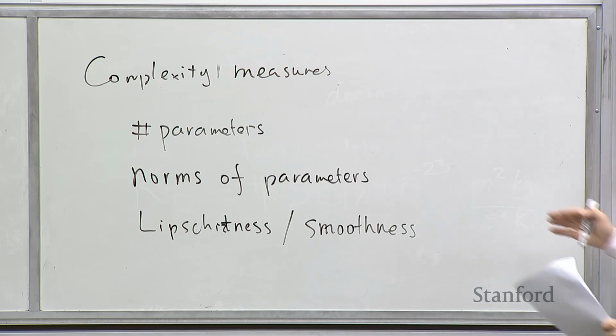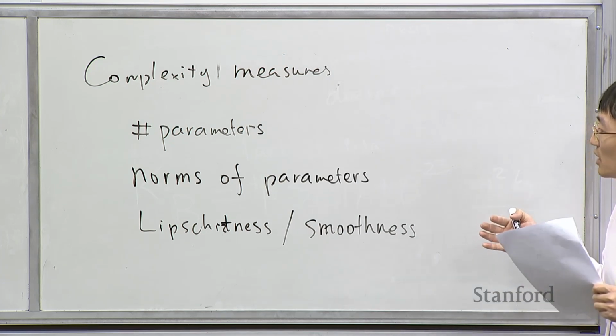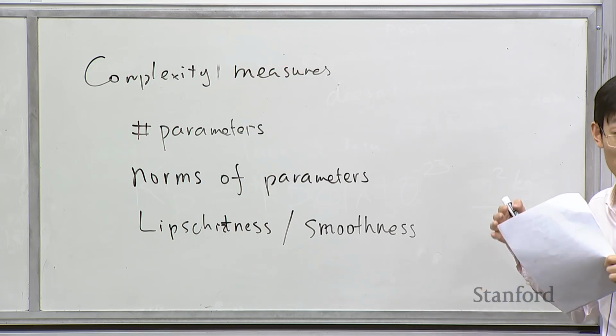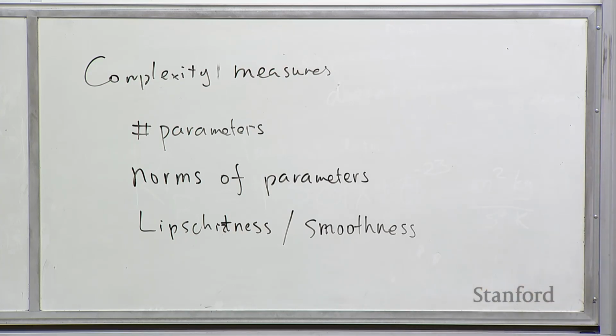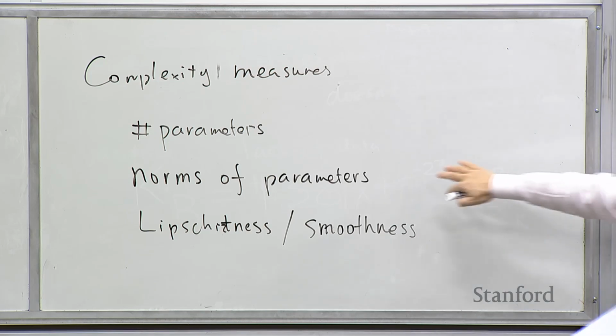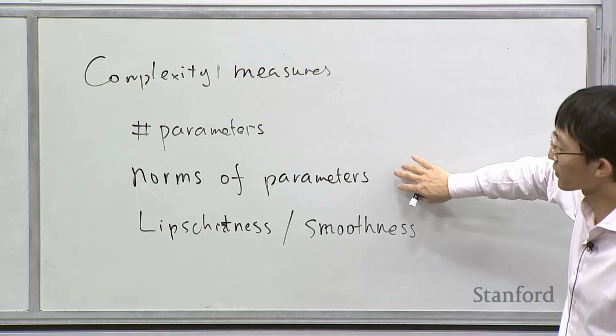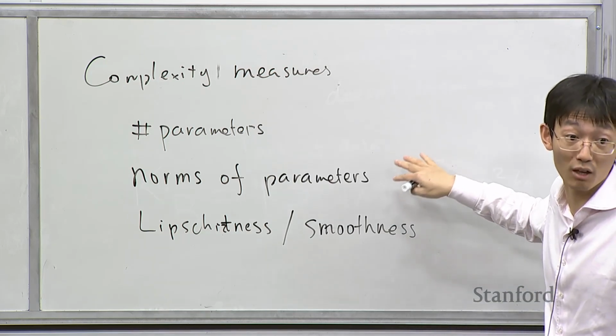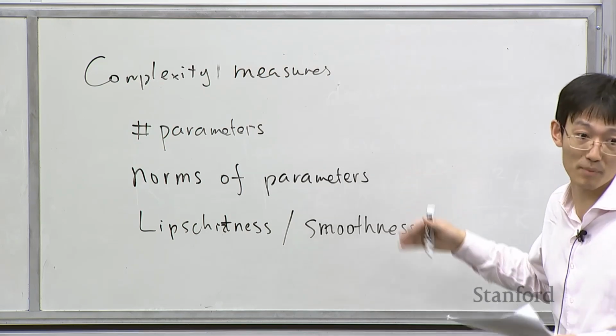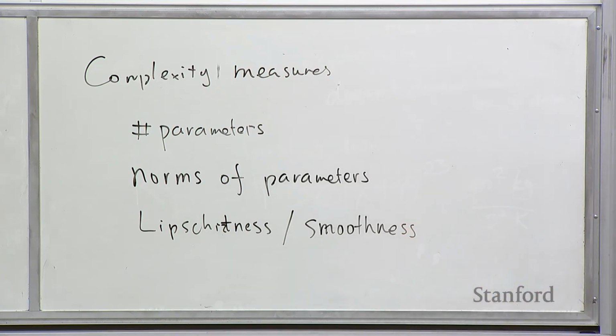So suppose, for example, let's talk about norms, right? So different norms, what are the norms? Are you talking about L1 norm, L2 norm? Sometimes L2 norm is the right complexity measure for a certain type of data, and sometimes L1 norm is the right complexity measure for a certain type of data.